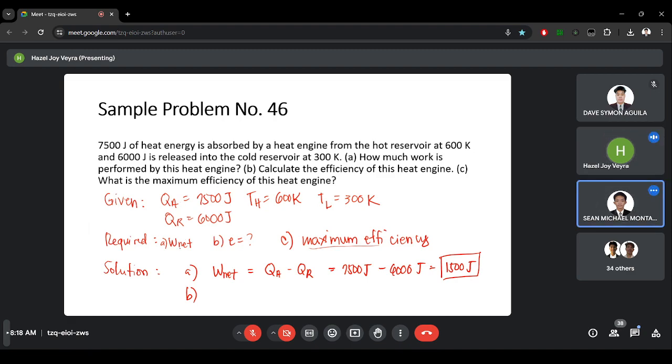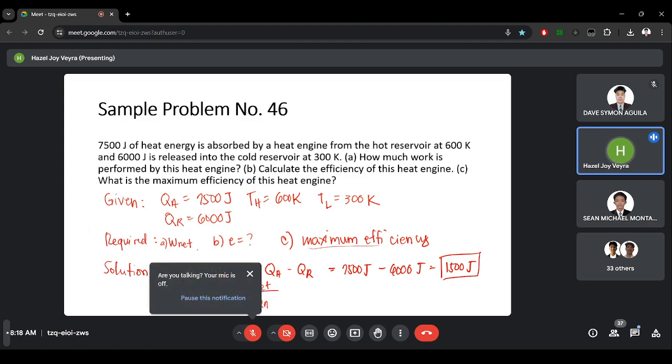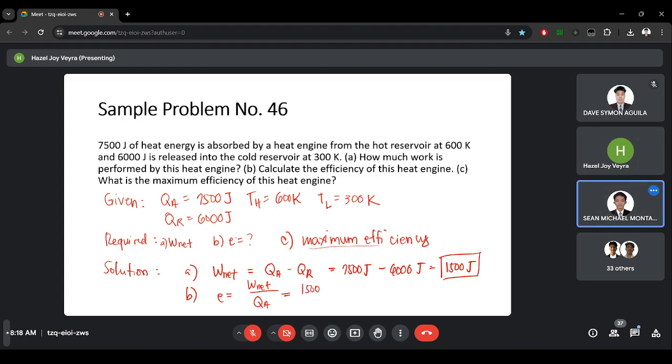It is 1,500 over 7,500, which is equal to 0.2. Times 100 is 20%.